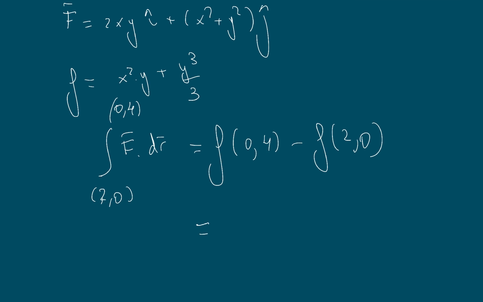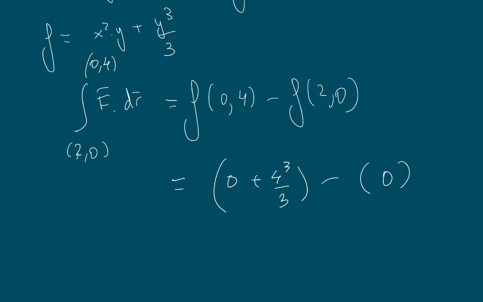And what is f(0, 4)? It is x squared plus y, which will be 0, plus y cubed, 4 cubed divided by 3, minus f(2, 0). f(2, 0) is 0, because x is 2 here, but y is 0. So this is 0, and this is 0. So the total result will be 4 cubed divided by 3.